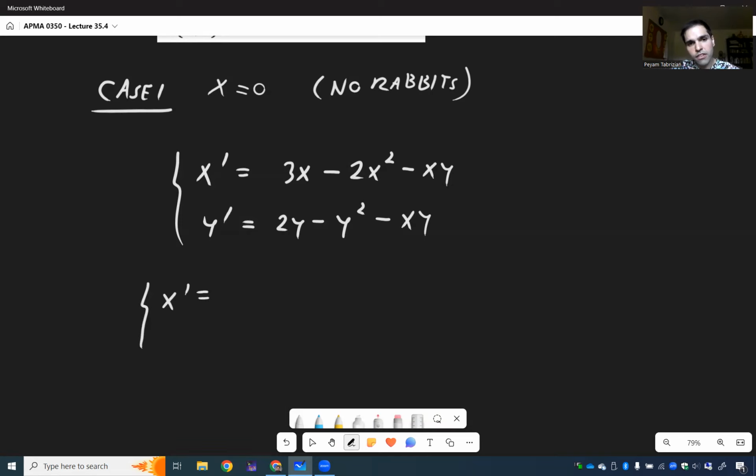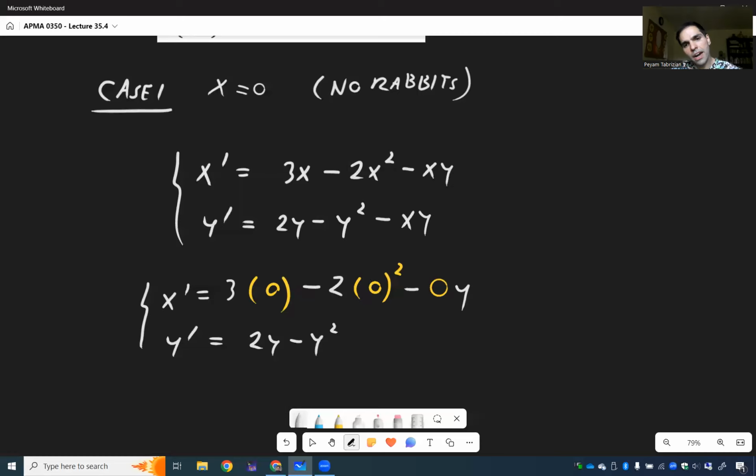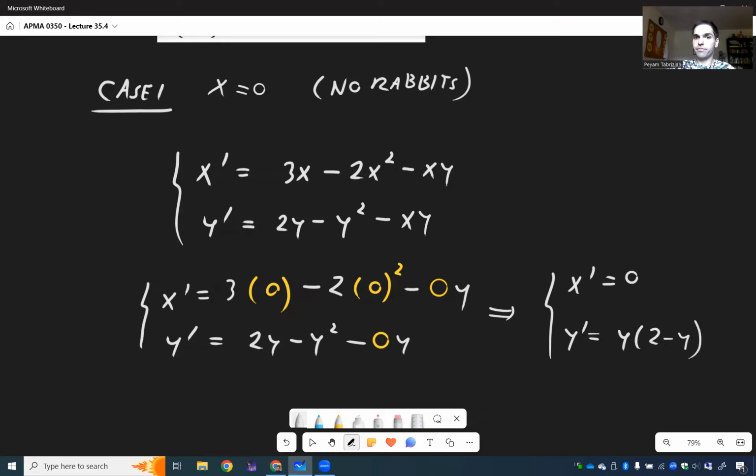In this case, it would be 3 times 0 minus 2 times 0 squared minus 0y, and y prime is 2y minus y squared minus 0y. And what this gives you is x prime is 0, and y prime, you can factor this out, it's just y times 2 minus y.